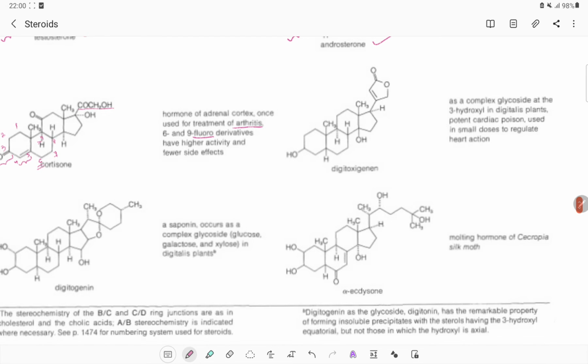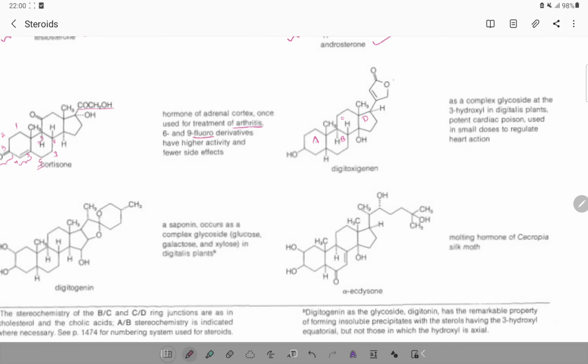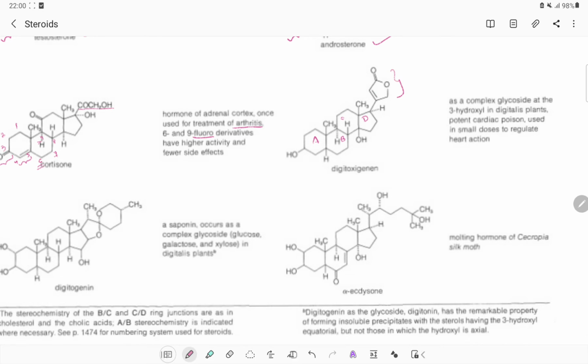Then comes an example called digitoxigenin. Here we can observe that there is no doubt a ring A, B, C, D, but also a ring system which is lactone-like. It is a complex glycoside at the 3-hydroxyl in digitalis plants, a potent cardiac poison used in small doses to regulate heart action.